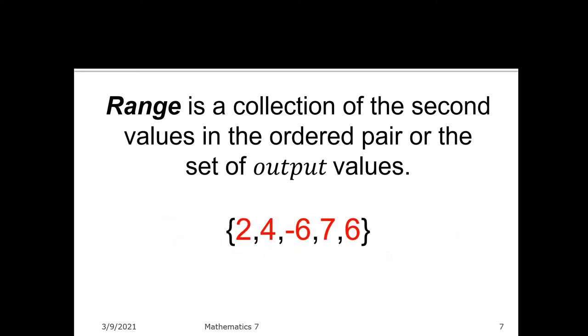For the sake of order, we can arrange them properly: we start with -6, 2, 4, then 6, and then 7. This is the set of output values.